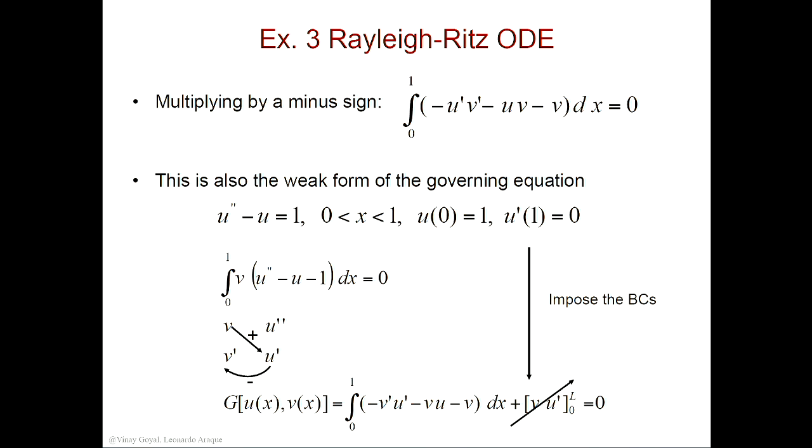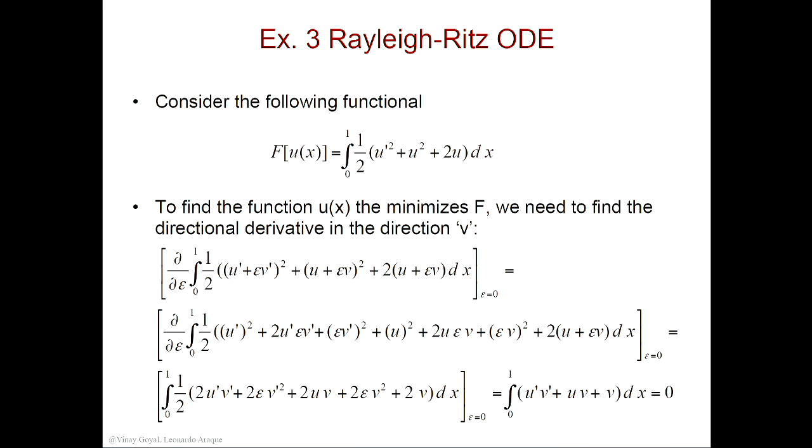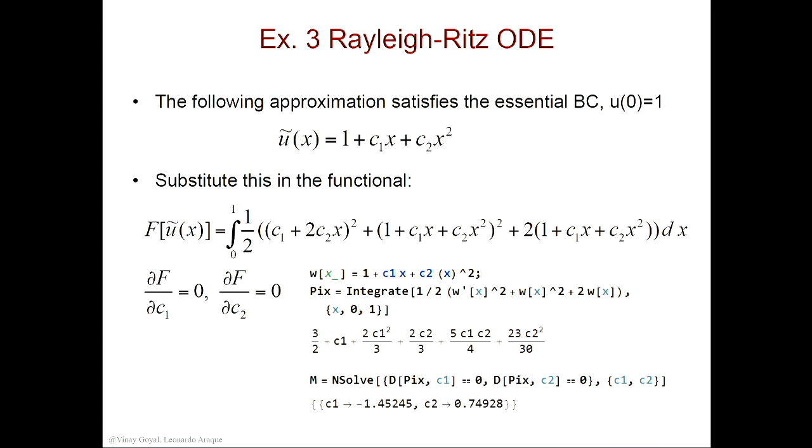So then I can go ahead and plug in the approximation function. I won't discuss again how I got this because that was discussed in the weak form Galerkin example. I plugged that into the functional I came up with, the original one here. That's the one I came up with. And I plug in this approximate solution. I didn't do all the operations because I have Mathematica.